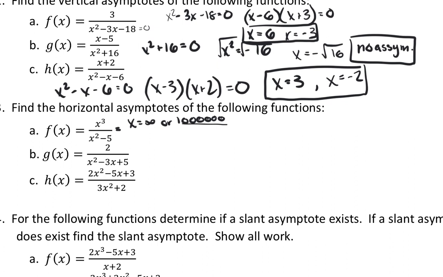So when we look at the endpoints, we can see that the top will be bigger than the bottom. That means this function goes to infinity and there will be no asymptote.